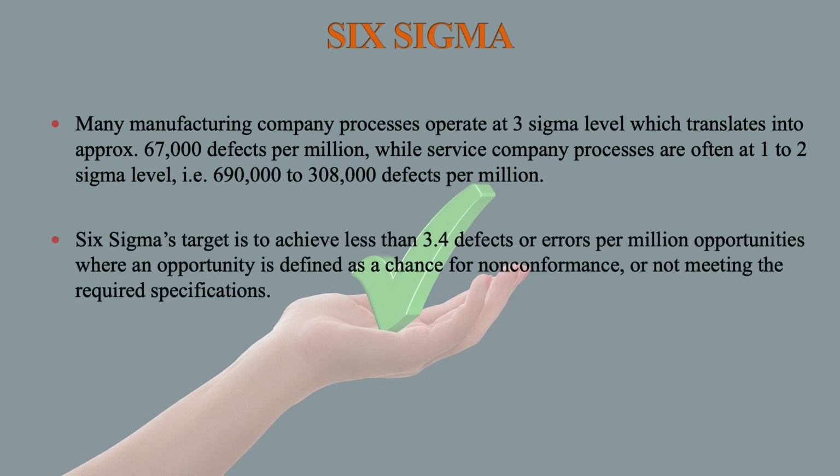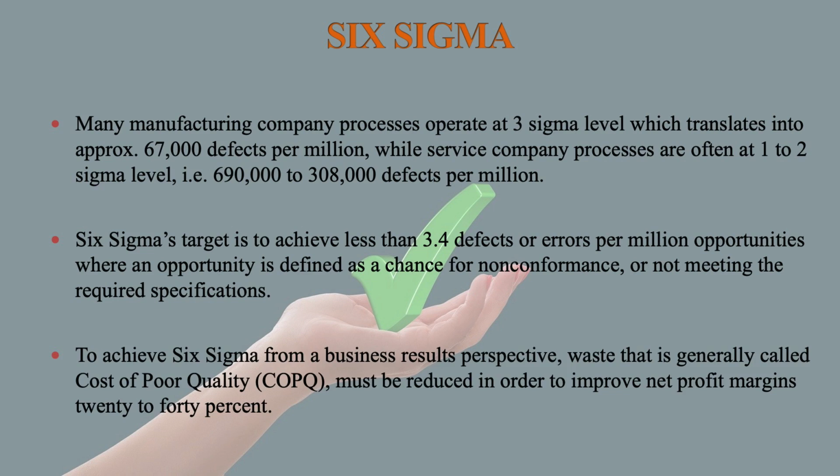Six Sigma target is to achieve less than 3.4 defects or errors per million opportunities, where an opportunity is defined as a chance for non-conformance or not meeting the required specifications.